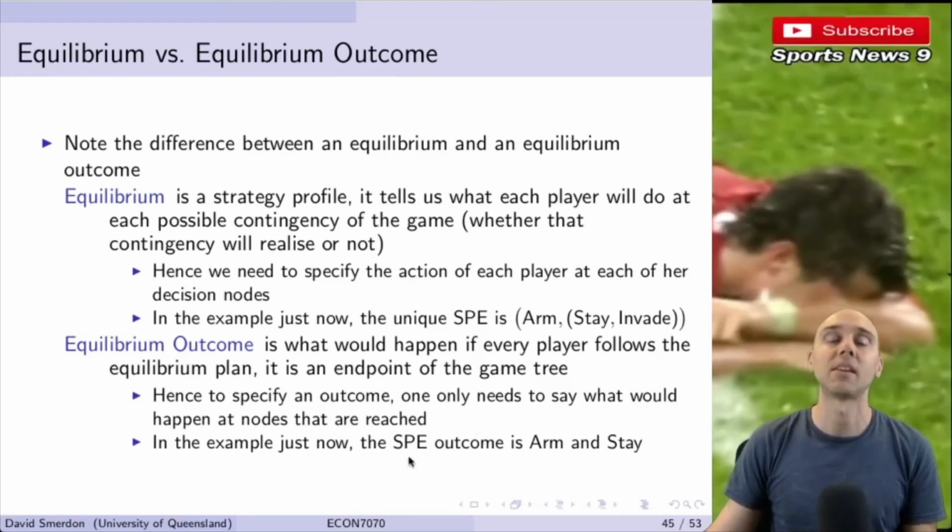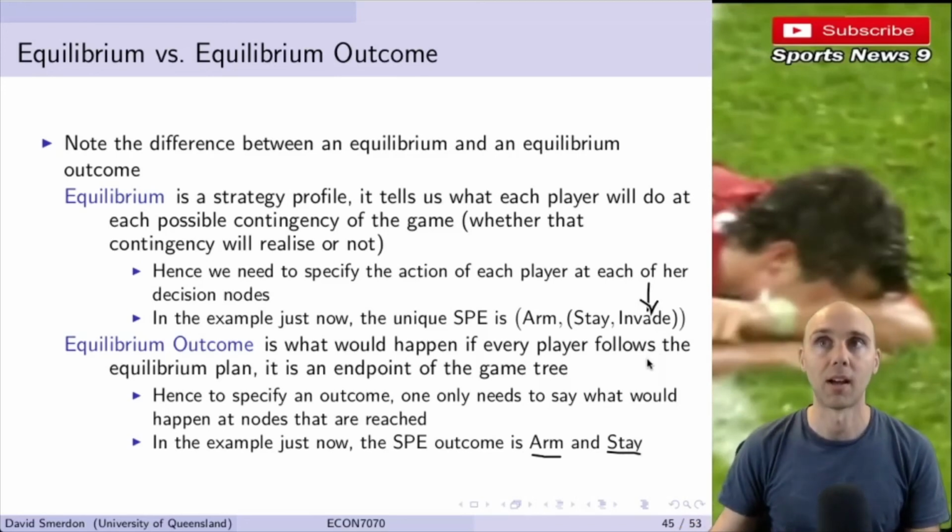So the subgame perfect outcome is indeed country 1 arms and country 2 decides not to invade. But it's this extra feature here that country 2 would have invaded if country 1 would have chosen not to arm. That specifies what the unique subgame perfect equilibrium is. It's the full strategy profile.